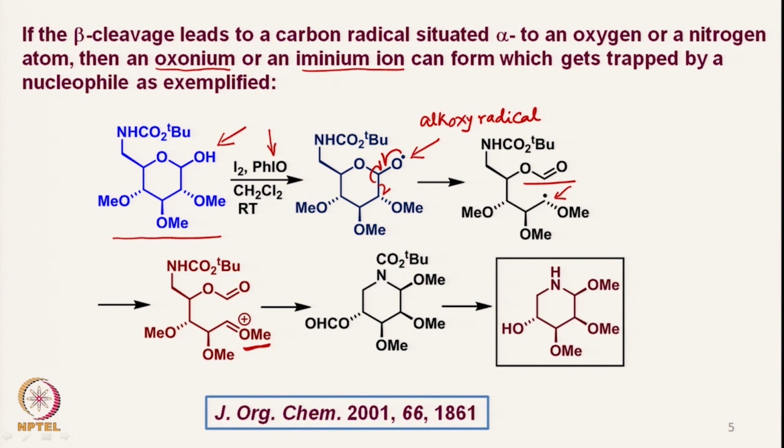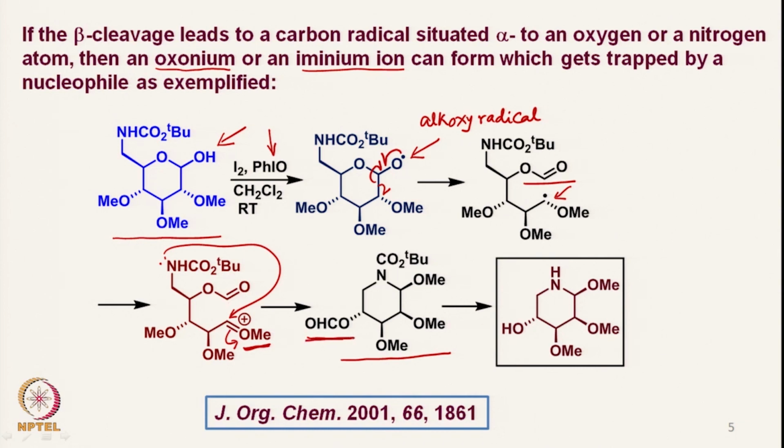This oxonium ion then gets trapped by the nitrogen lone pair of electrons in this fashion and forms the corresponding 6-membered nitrogen containing molecule, with the formate group being at this junction.